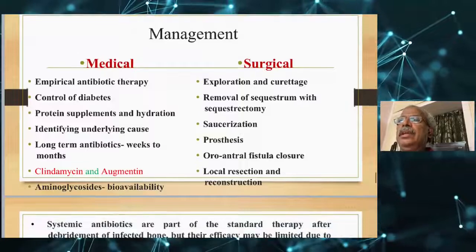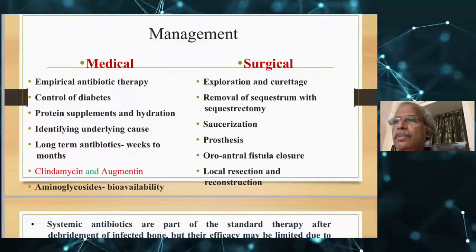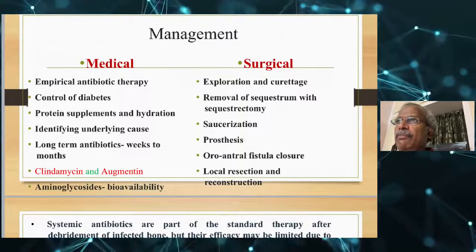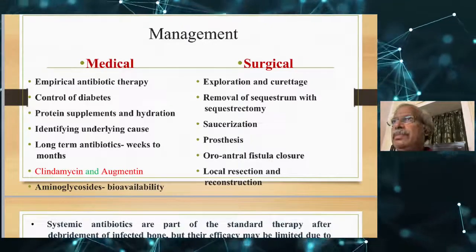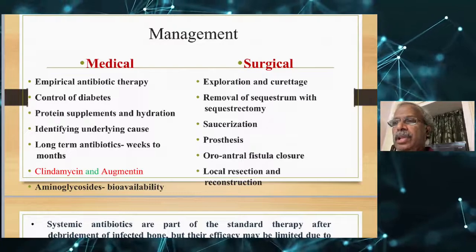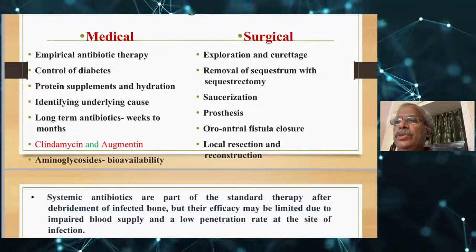Surgically, we have to explore and remove the sequestrum. Once the removal is done, you can try to close it primarily. If not, you can keep the sinus open. In the second stage, you can go for a prosthesis, or if it is a small opening, you can go for an oroantral fistula closure.